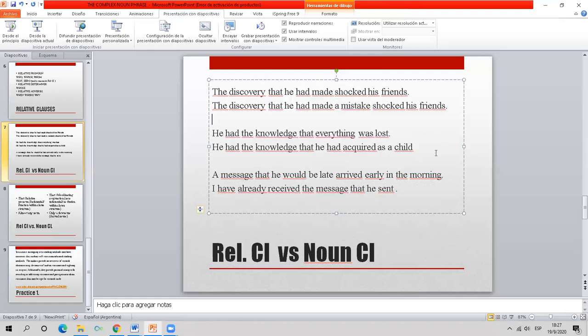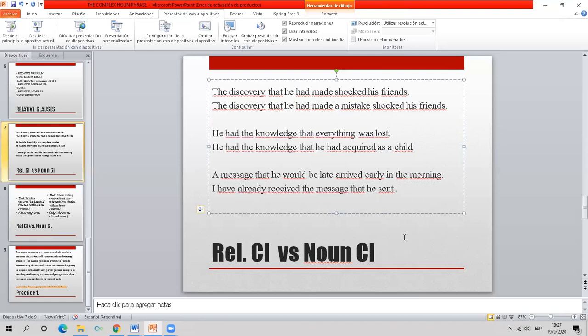He had the knowledge that he had acquired as a child. In one of the cases, we have a restrictive relative clause. In which one? Yes. The second one is an example of a relative clause. And the first one, the knowledge was that everything was lost, is a noun clause.